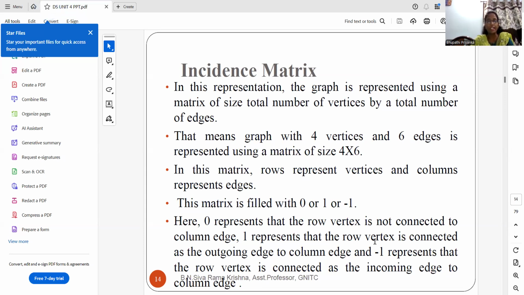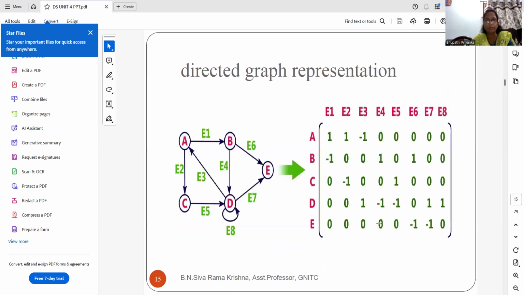If there is an incoming edge, meaning we traverse from column to row, then we'll represent it as -1. Okay, now we'll see the example.